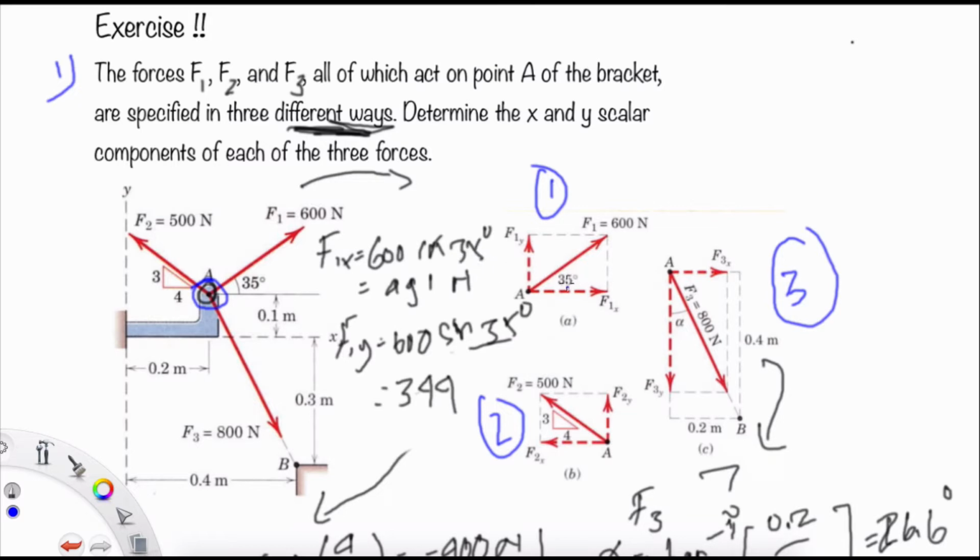The theta is 35 degrees, so F1x is 600 cos 35 degrees. We will have 491. And for F1 in the y direction, we have 600 sin 35 degrees. We will have 344 Newton.